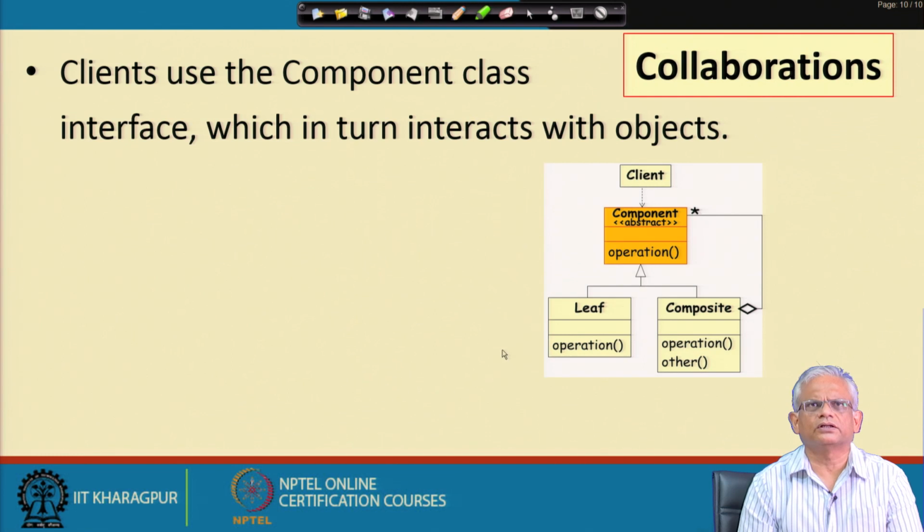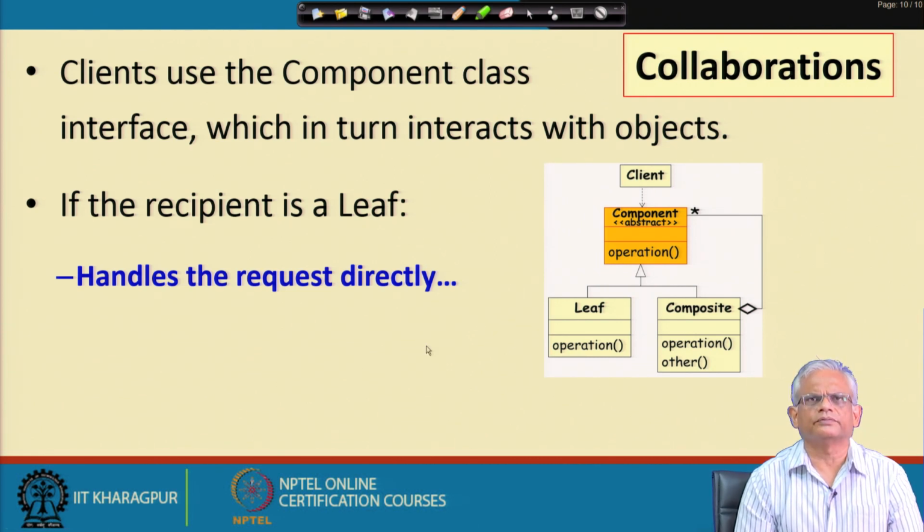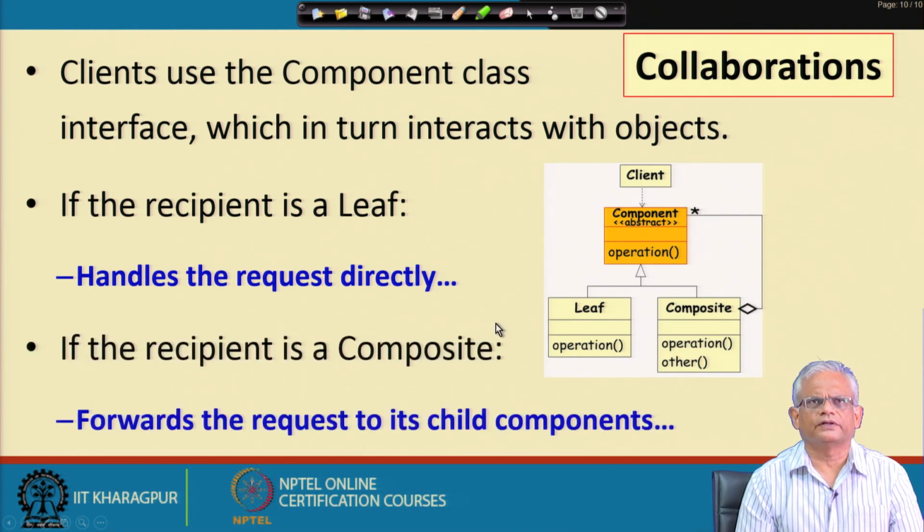Now, the client interacts using the component interface, and the component may be a leaf or a composite. If the recipient of the client method invocation is a leaf object, then it directly handles the query. If it is a composite, then it just invokes the corresponding operations on the children objects.